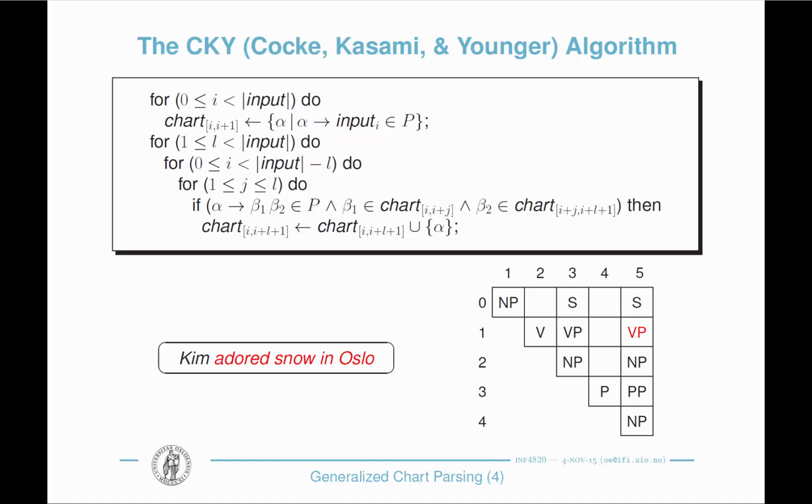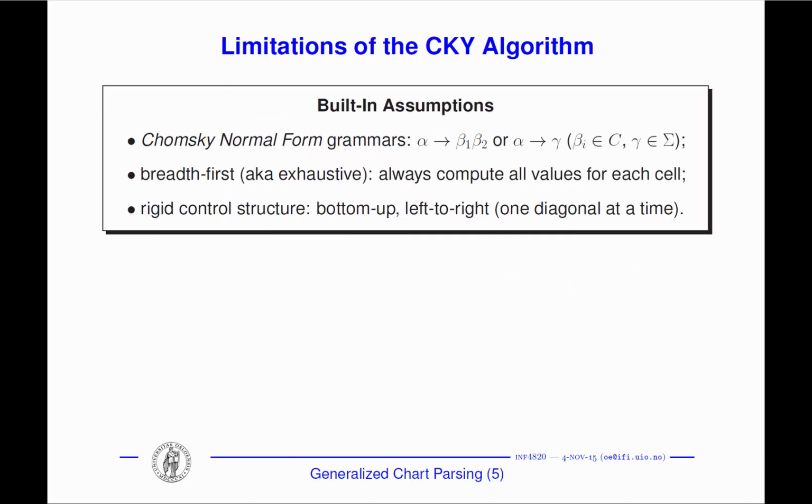So it needs to exhaustively analyze all shorter strings before it can move on to longer strings. That's this property. And this is closely related. It has a rigid control structure. It has to compute things in exactly this order. So this means it has to actually consider all ambiguity before it can talk about the string as a whole. And this means it furthermore has to do that in one fixed, rigid order of computation. So it's not a very flexible algorithm.